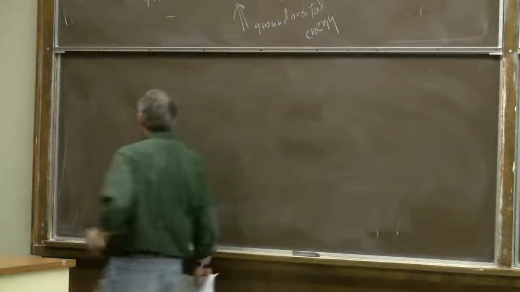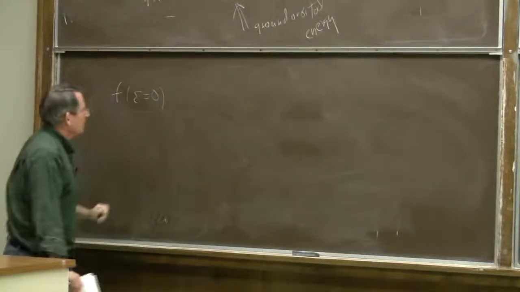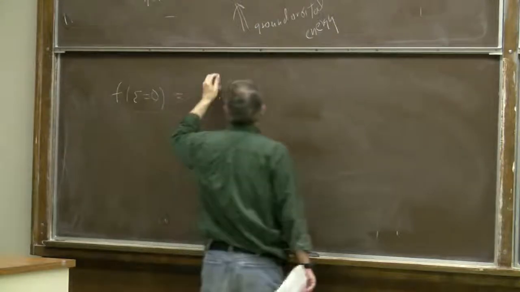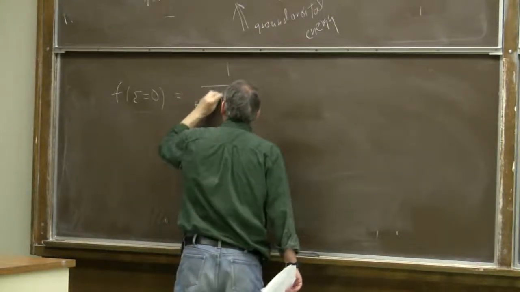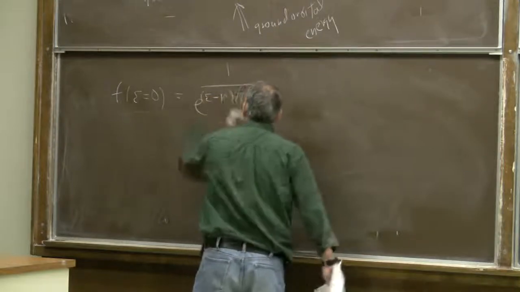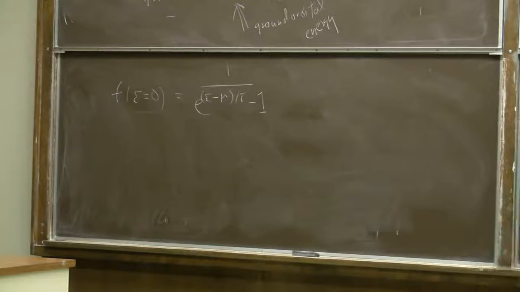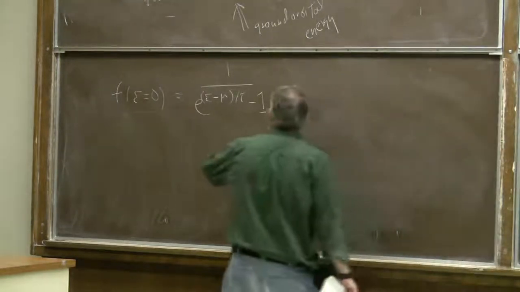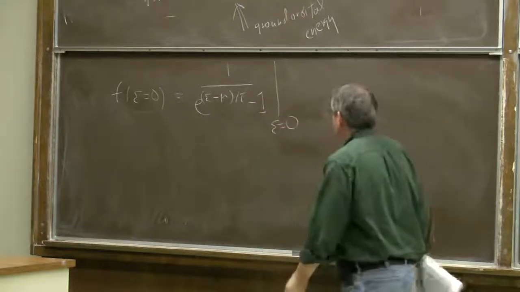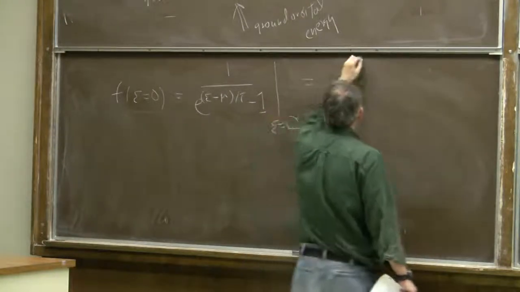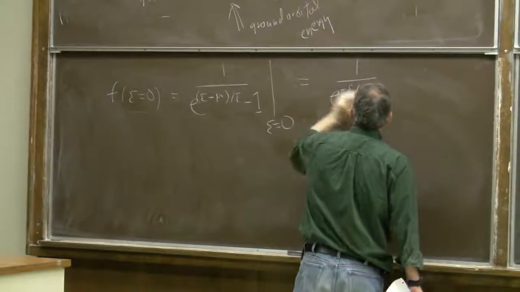It's our distribution function evaluated at 0. So the distribution function for bosons is 1 over e to the (epsilon minus mu) over tau, minus 1. But we're evaluating that where epsilon is equal to 0, the energy of the ground orbital. So it's just 1 over e to the minus mu over tau, minus 1.